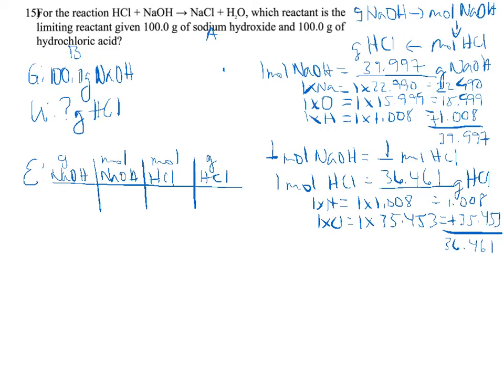And then you need your units to cancel, so if you've got grams of sodium hydroxide on top, you need it on bottom. So that's grams of sodium hydroxide. We go to our next one, we've got moles of sodium hydroxide here, which means we need the same thing on the bottom. Moles of sodium hydroxide. And then we've got moles of hydrochloric acid, we need moles of hydrochloric acid on bottom.